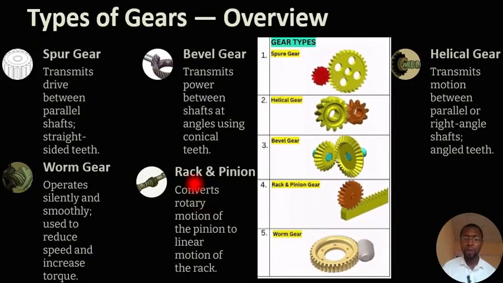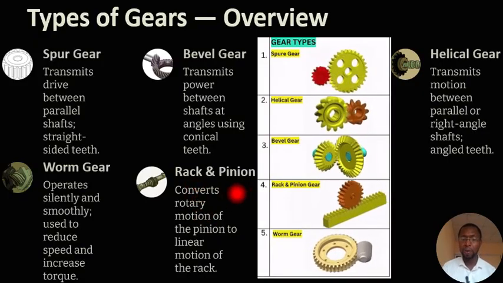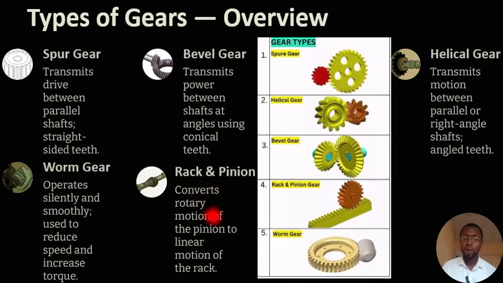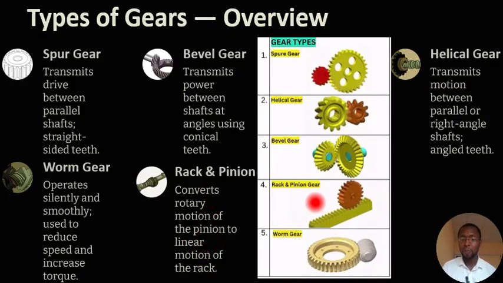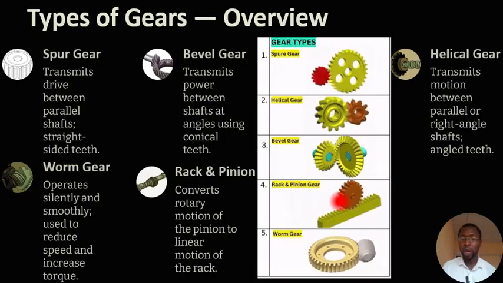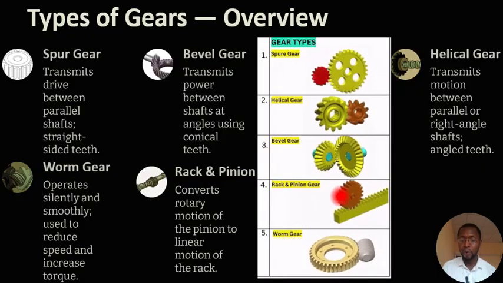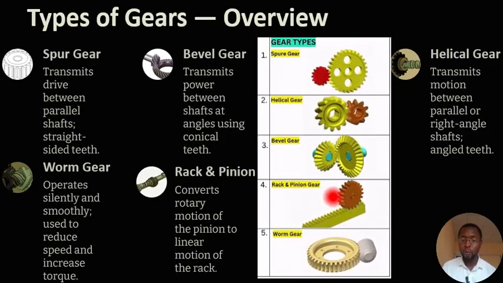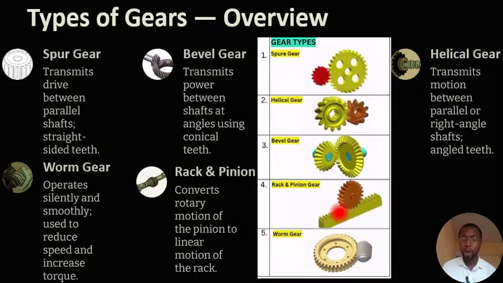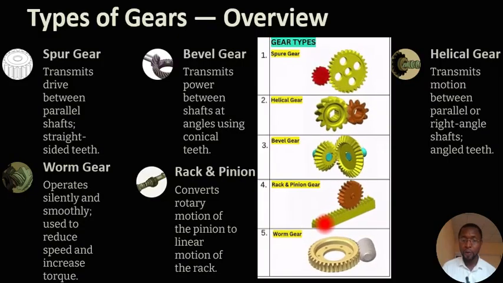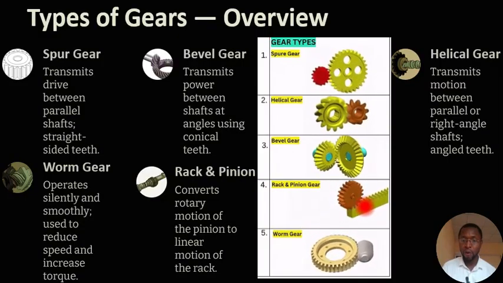We also have the rack and the pinion gear. What this one does is to convert rotary motion of the pinion to linear motion. And this is a sample of it here. So in its own makeup, one of the gears is the normal gear, in the form of a wheel, but the second one is in the form of a rack, a straight rack we see.